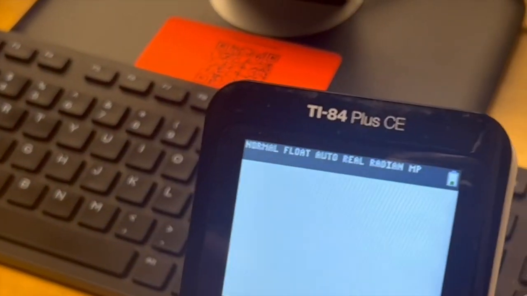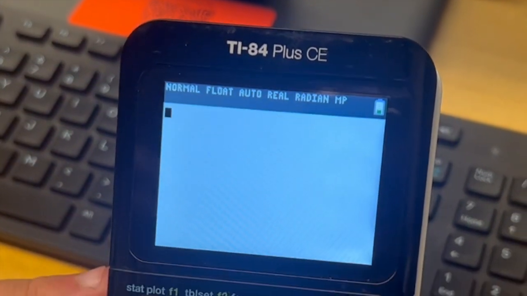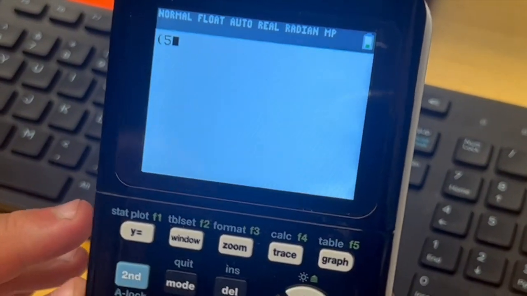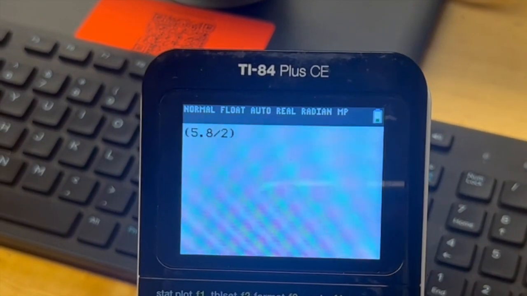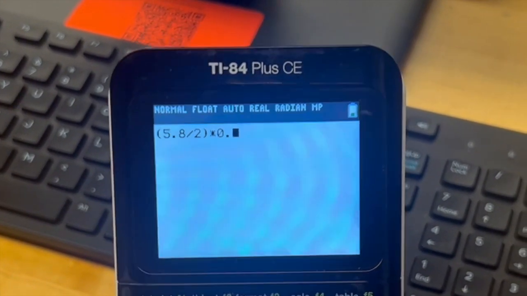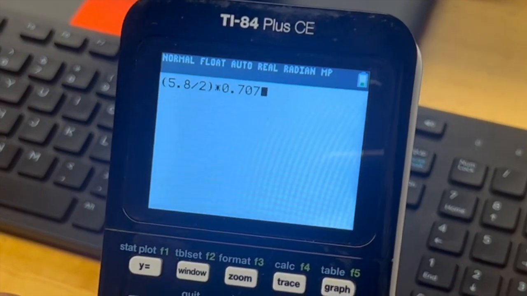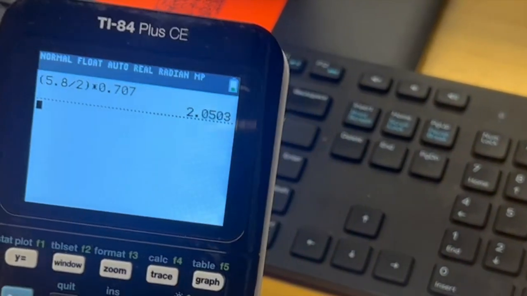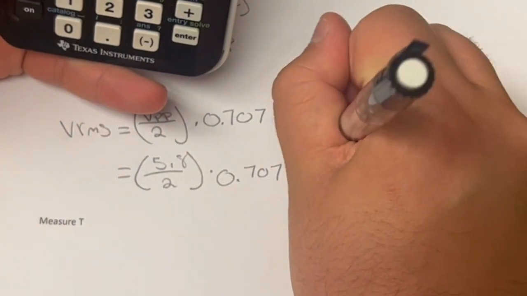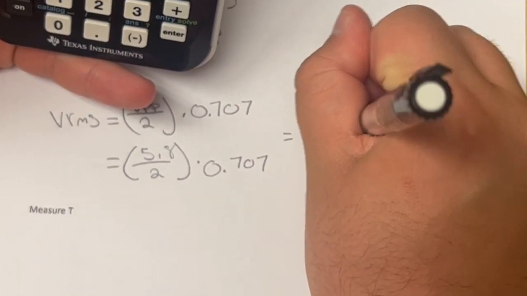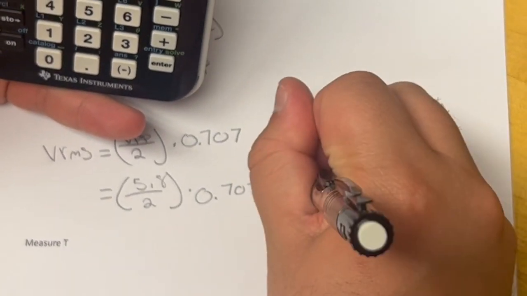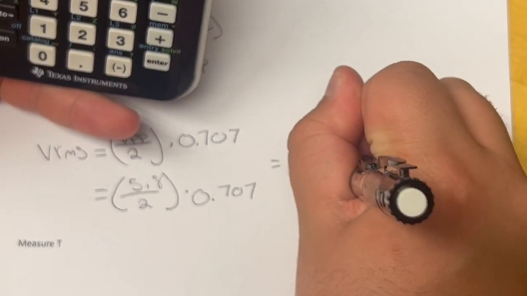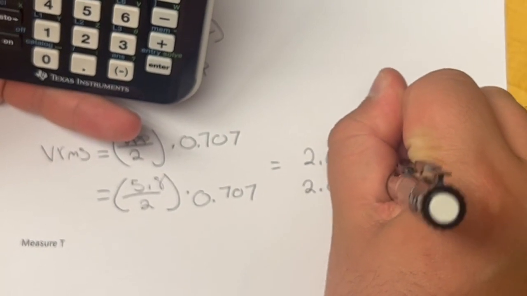Now we're going to plug this information into our calculator: parentheses, 5.8 divided by 2, close parentheses, times 0.707, enter. And that's going to be our VRMS right there, 2.0503 VRMS, or you can write it down as 2.05 VRMS.